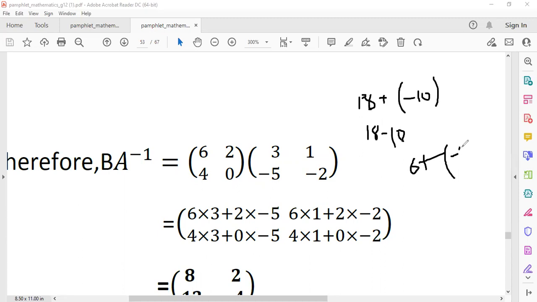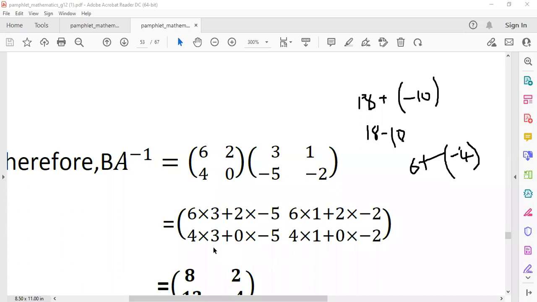So it's 6 minus 4, which is equal to a 2. My cursor is really misbehaving.